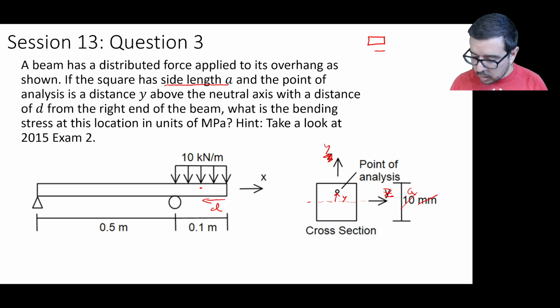And we're going to say that this is D from the free end. Okay, so this is a free end here. And we're going to perform our calculations for a moment about this region O. And we're going to say that the distributed load is still active here.